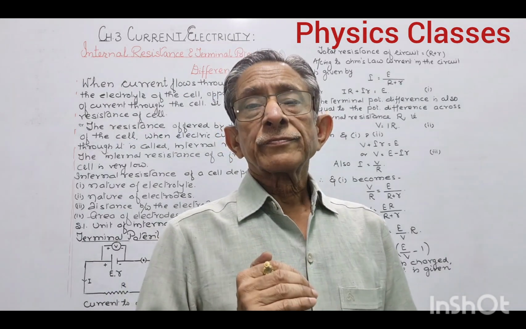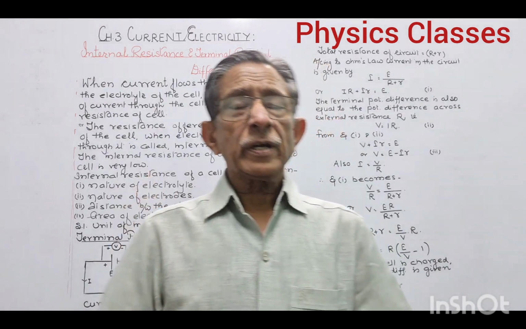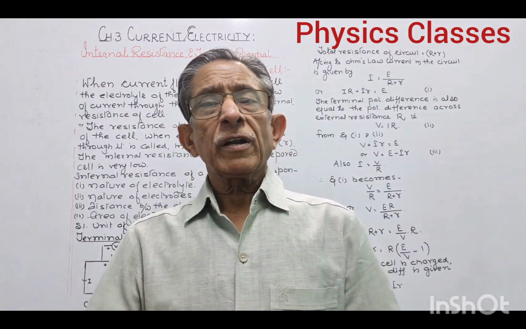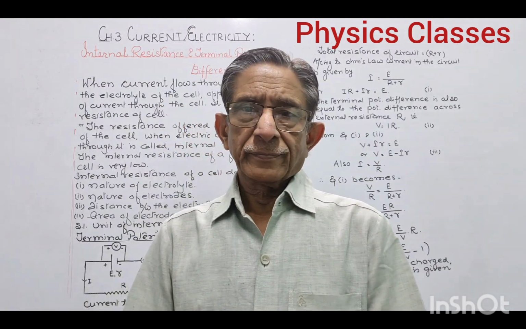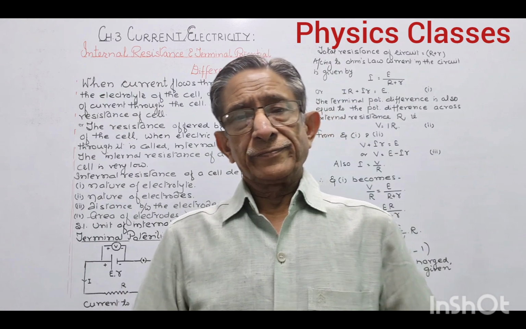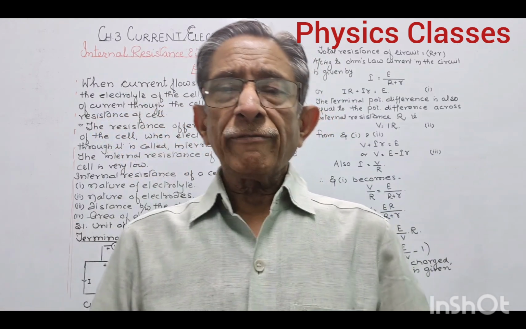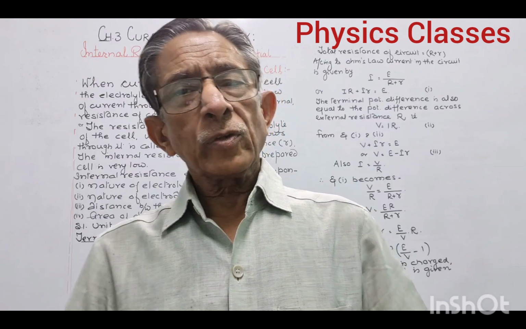We know when current is passed through a conductor, it opposes the flow of current through it. In the same way, the electrolyte of the cell opposes the flow of current through the cell.